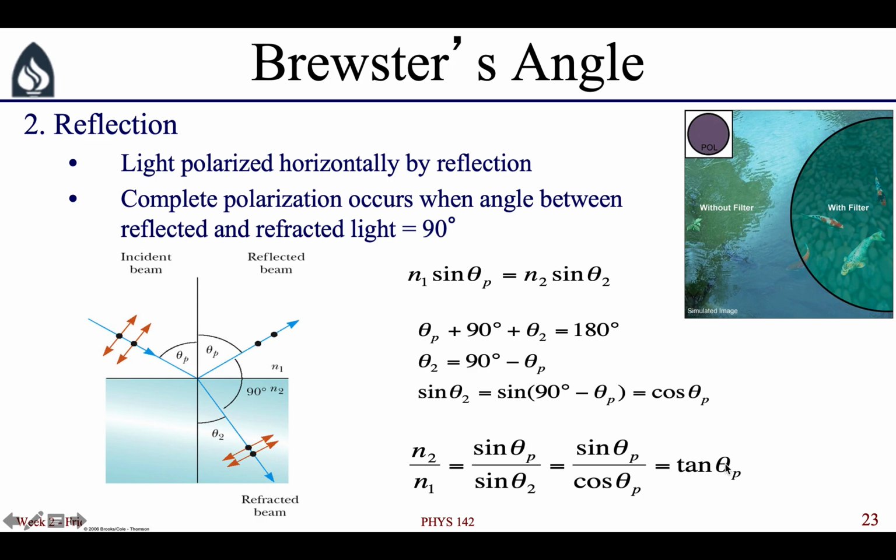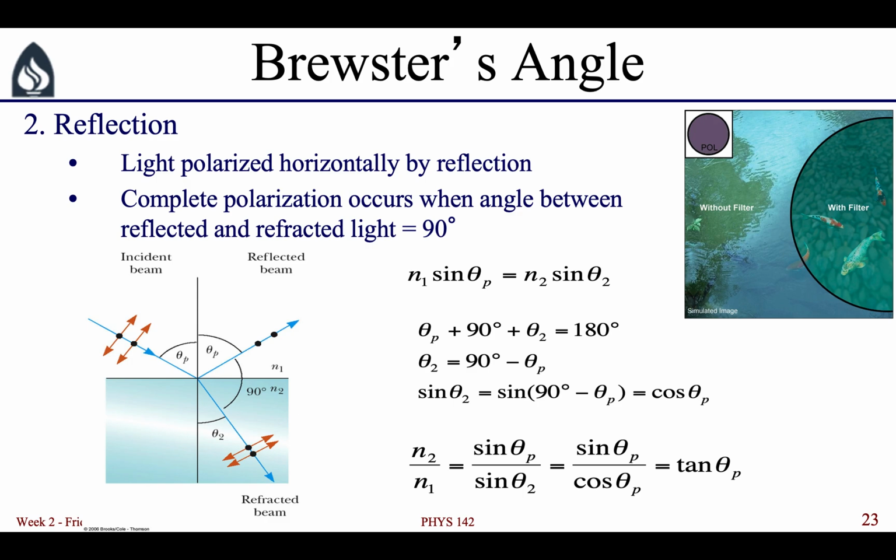So this is Brewster's angle. It's known as Brewster's angle, and it tells us the incident angle for which we get complete horizontal polarization of light.